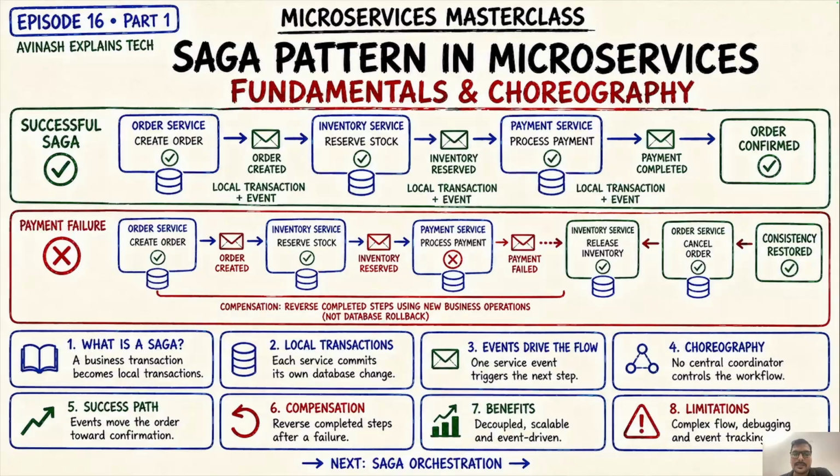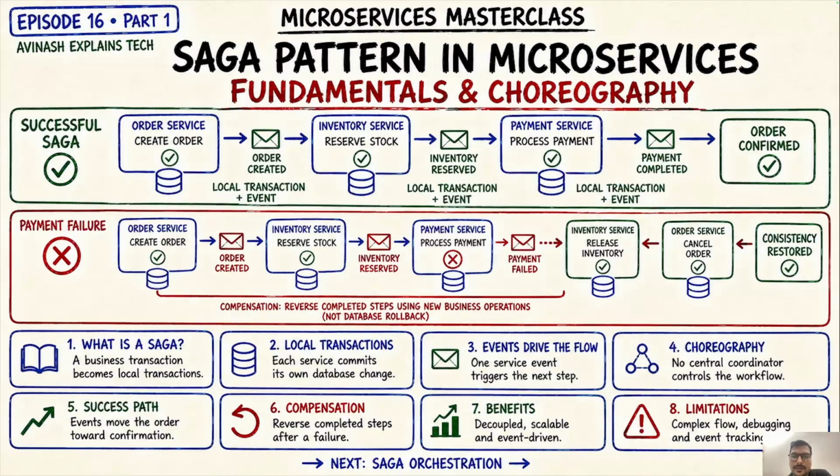Order service creates the order, inventory service reserves the stock, payment service processes the payment, order service confirms the order. Every step is handled by different services, and every service commits its changes to its own database.